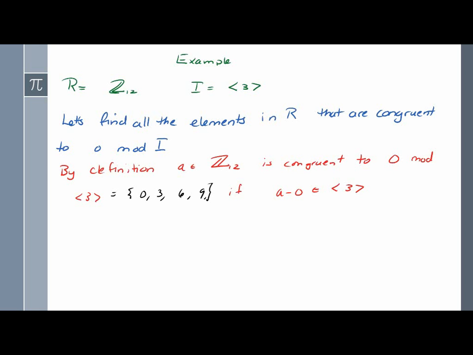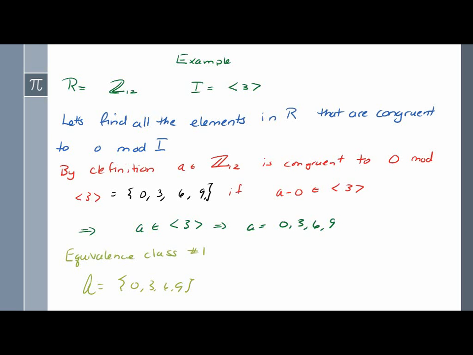That definition says that A minus 0 has to belong to this I. Well, that means A has to belong to I. Well, that means A has to be either 0, 3, 6, or 9. So equivalence class number 1, the things that go into the first box, are 0, 3, 6, and 9. Good?